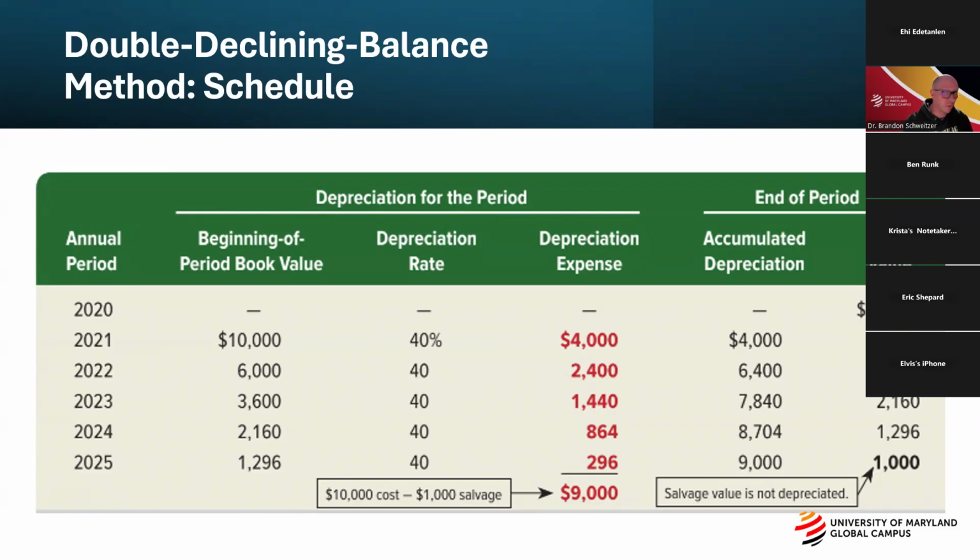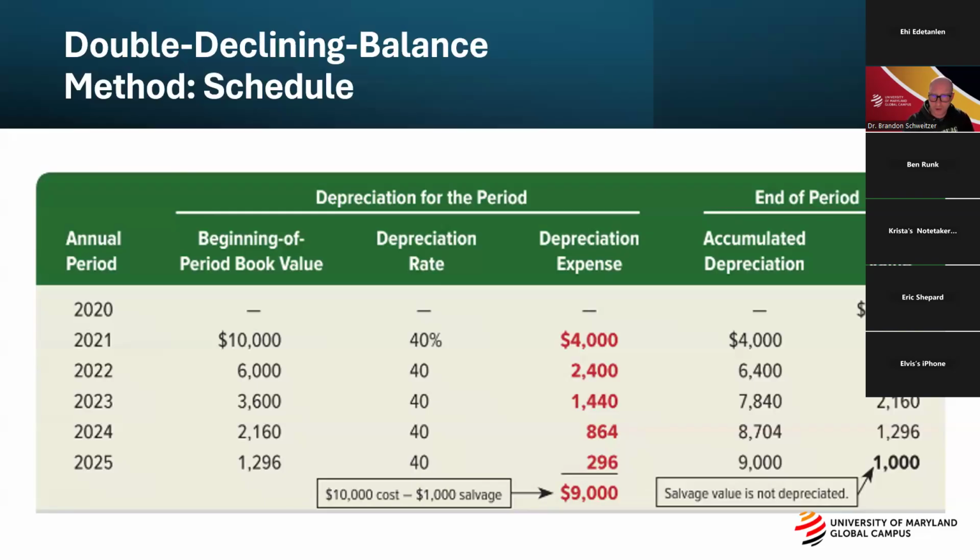We add the $1,440 depreciation expense to the accumulated depreciation amount to get $7,840, giving us a remaining book value of $2,160. We follow that same process again. Take the $2,160 and multiply that by the 40% to get a depreciation expense of $864 in the fourth year.